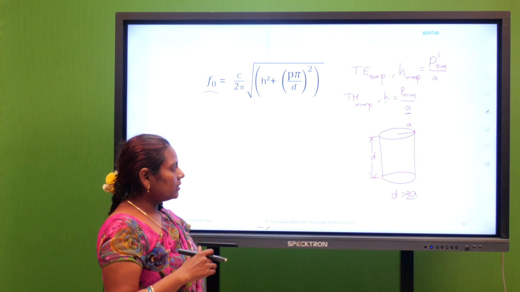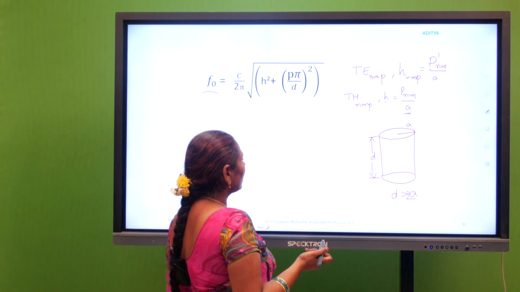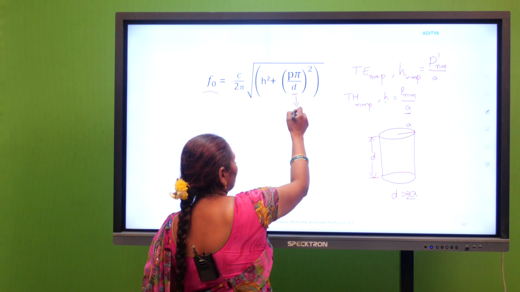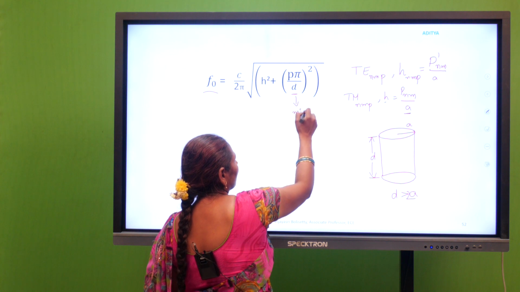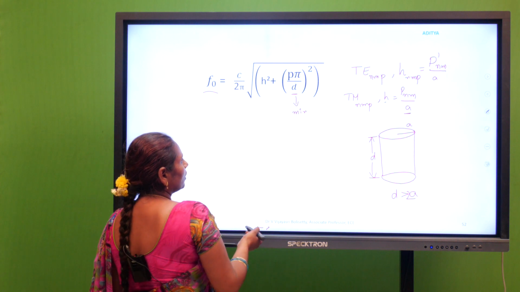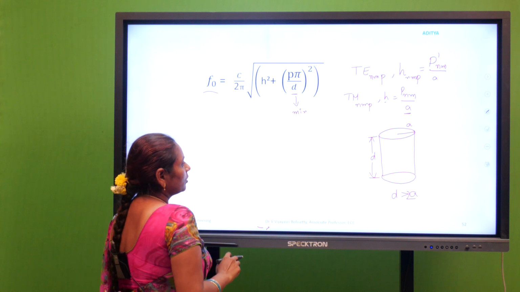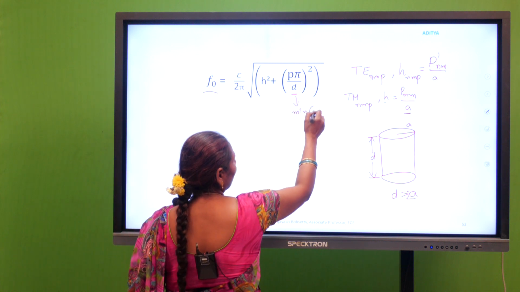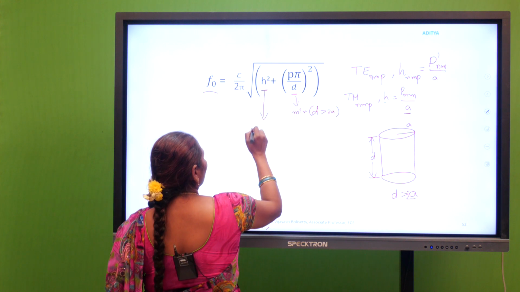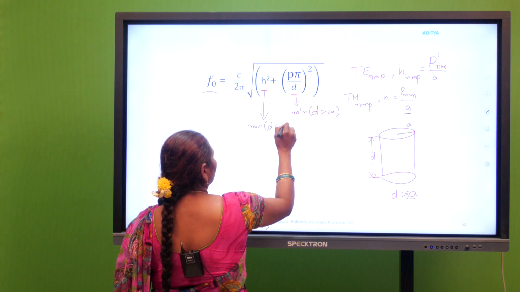If D is a large value, it is going to give that this term is the minimum value. If A is more, then this term is going to give the minimum value. That means this is minimum for D greater than 2a, and this term is going to give the minimum value for D less than 2a.